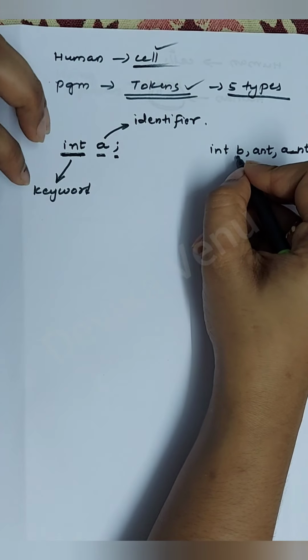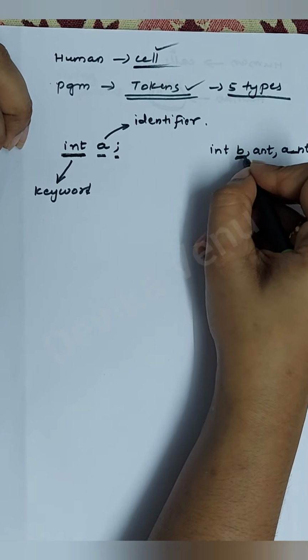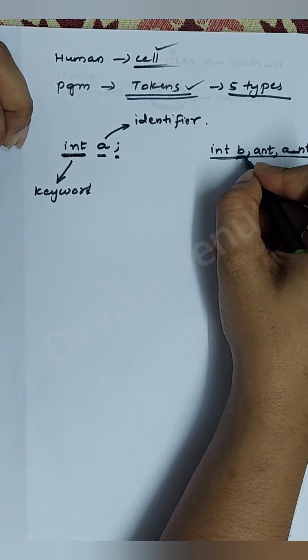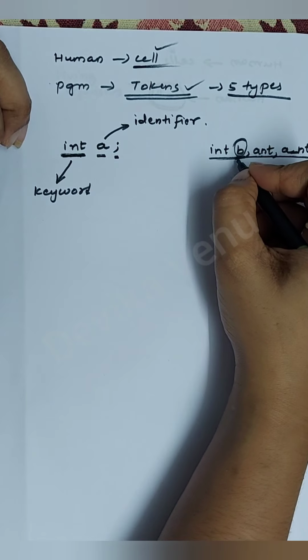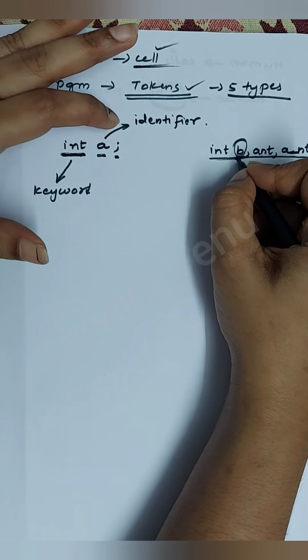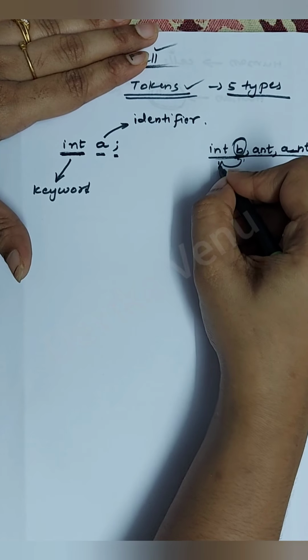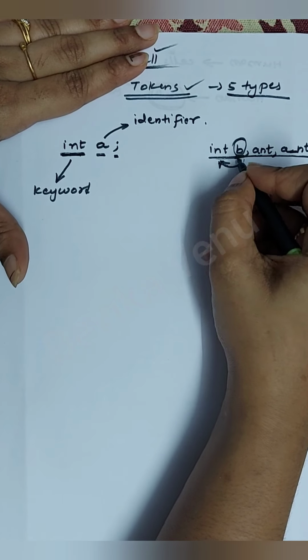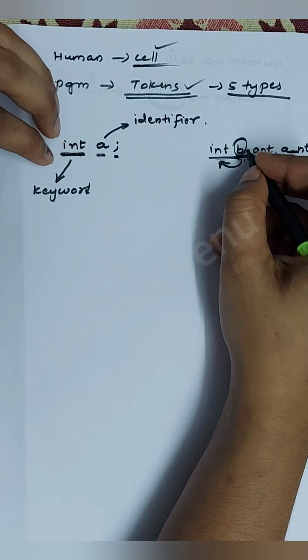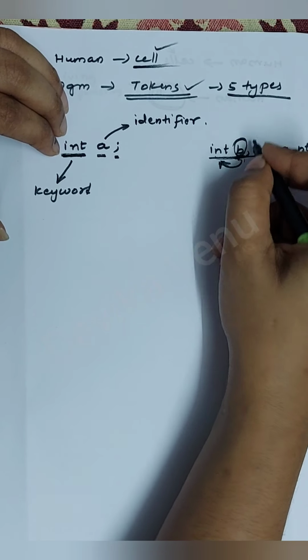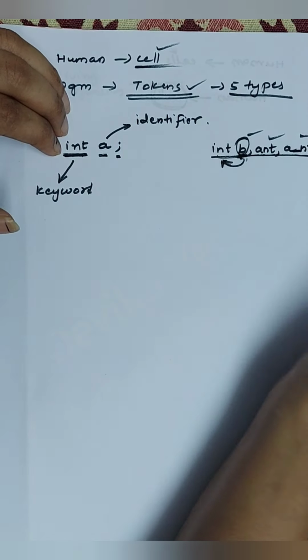It means that in this particular statement, b is a variable or an identifier with the quality of an integer, which means that we can save any data of integer type in these variables.